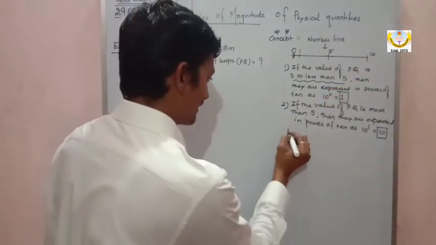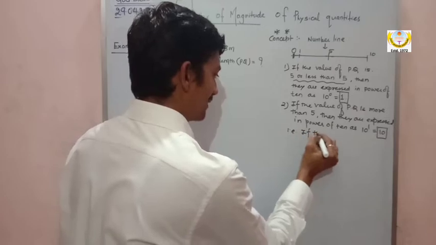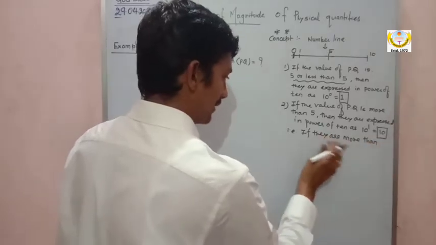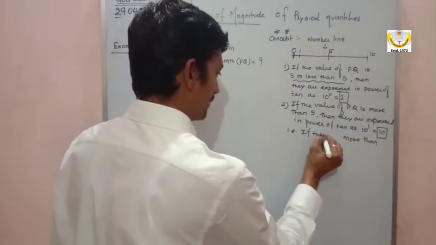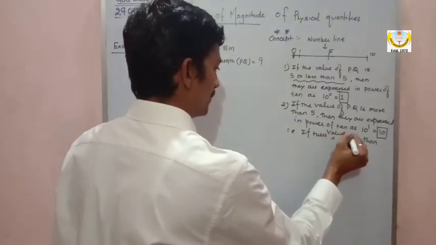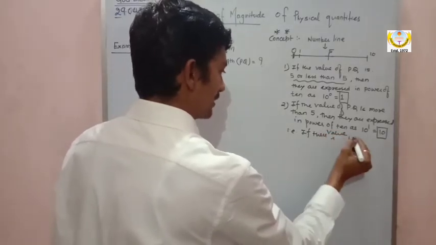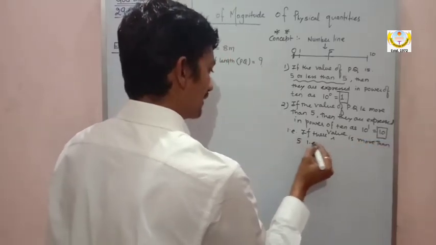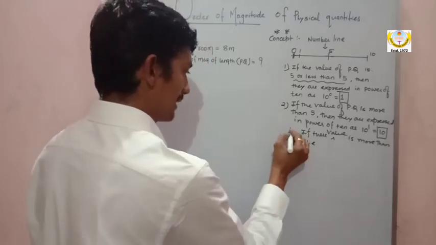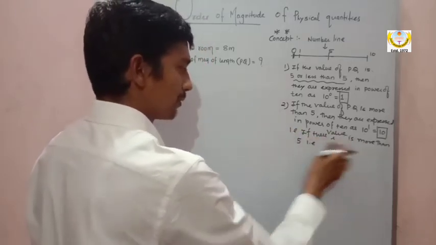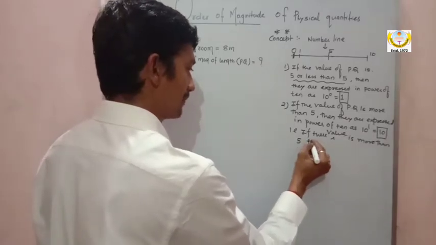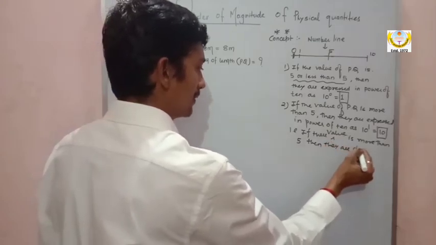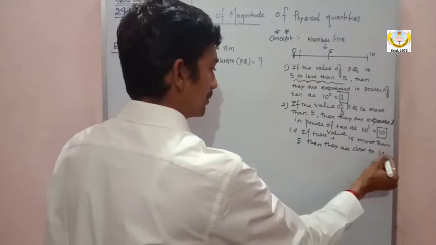I am writing here, that if their value is more than 5, then they are close to 10.